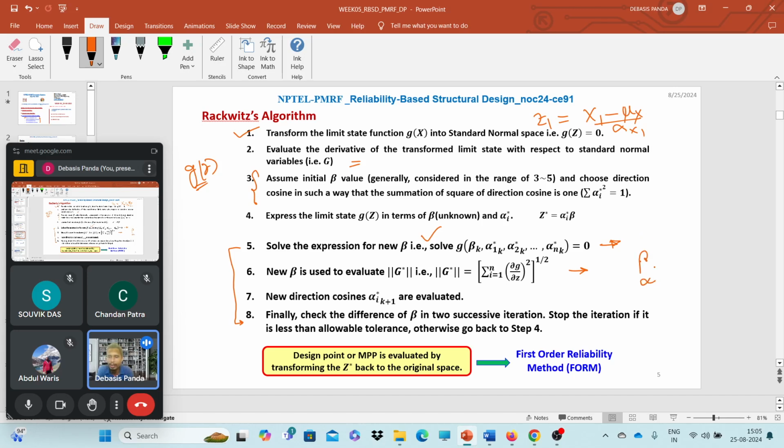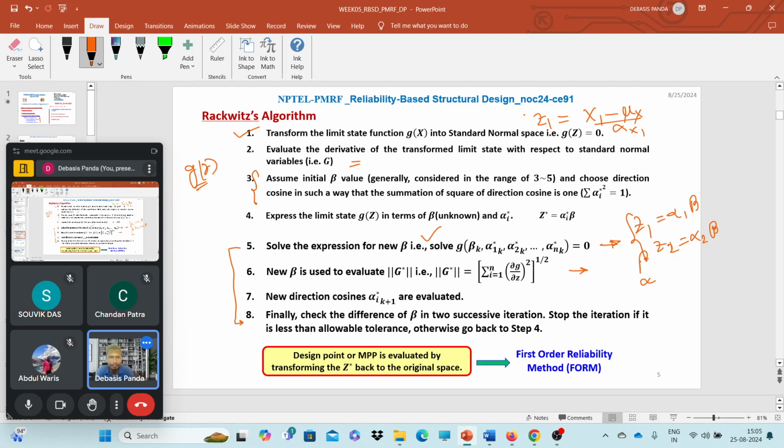When we get the final beta and alpha, we can get the design points on the standard normal domain. So z1 equals alpha 1 into beta, z2 equals alpha 2 into beta, and so on. Once we have the design points on the standard normal domain, we can convert back into the actual domain.